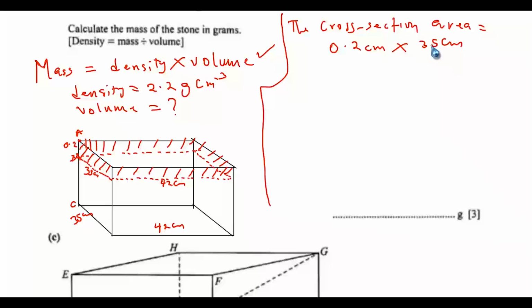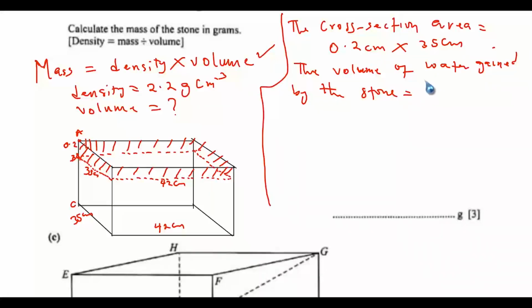Then the volume of water gained by the stone. Let's write this: the volume of water gained by the stone will be equal to the cross-section area, which is 0.2 times 35, multiplied by the length between the two cross-sections.